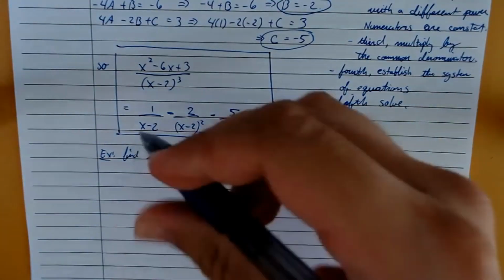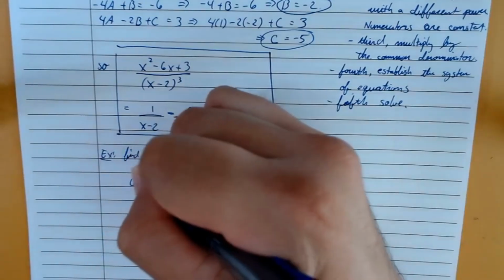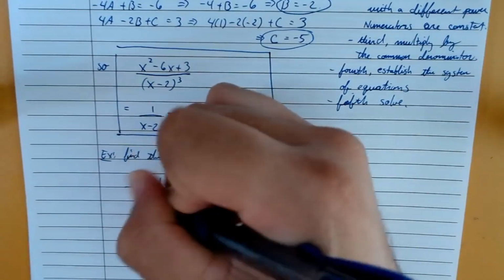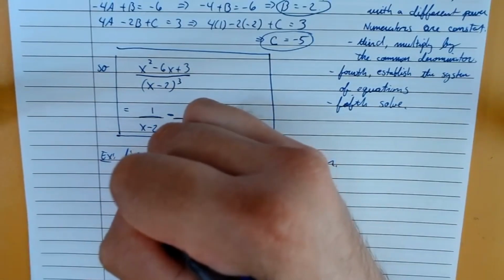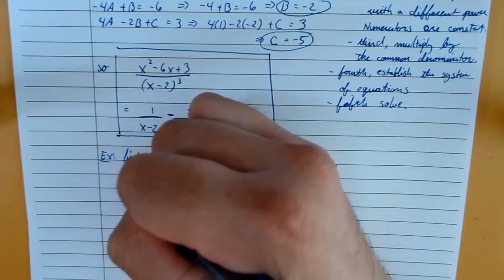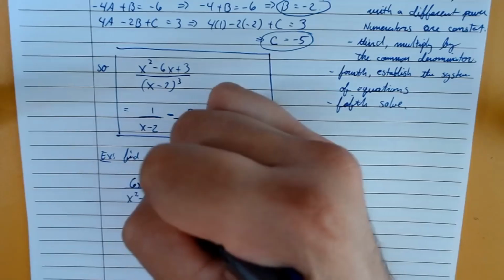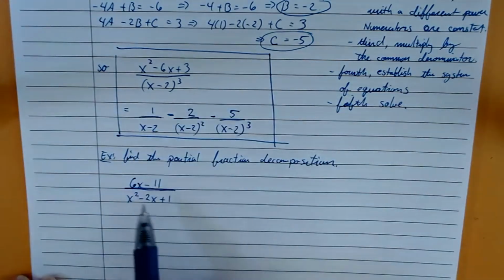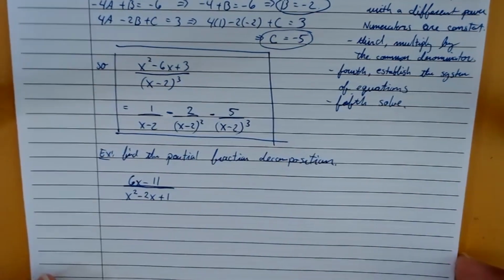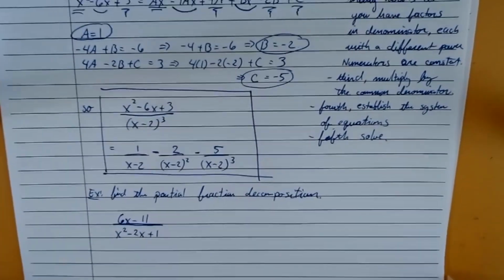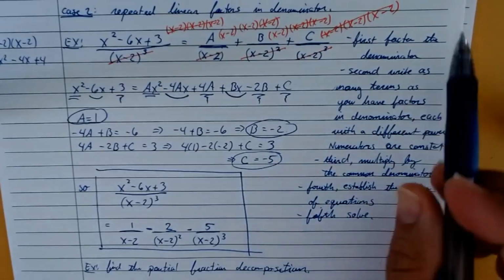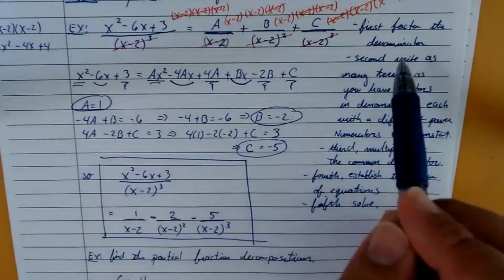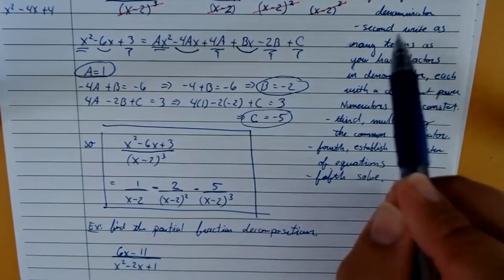of, let's say, 6x minus 11 over x squared minus 2x plus 1. Notice here this one is not factored for you, but you can factor that one, and you will find that it is a set of repeated linear factors. So remember your steps. Factor the denominator. In this case, it hasn't been done for you, but that's a simple one to factor.